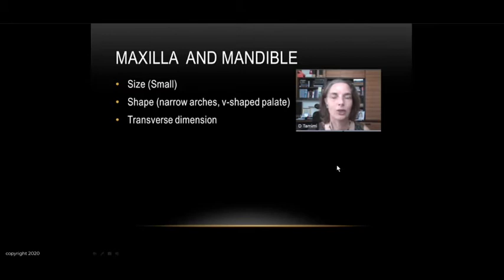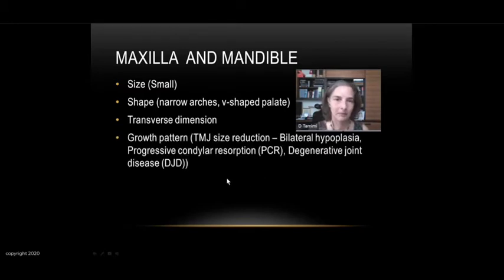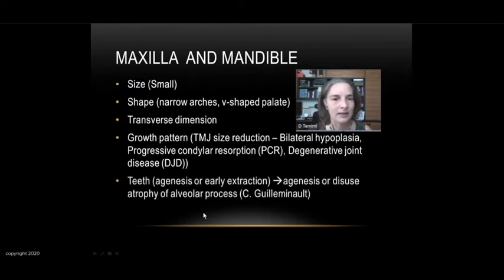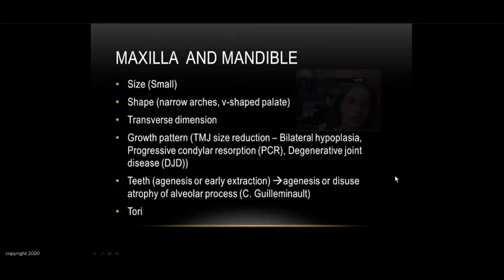You want to look at the transverse dimension of the maxilla and the mandible, the growth pattern, what's happening in the growth of the maxilla and the mandible. And some of it is due to TMJ issues, and I will talk about that in just a second. Teeth agenesis or early extraction can cause disuse atrophy of the alveolar processes, decreasing the amount of space available for the tongue and the oral cavity, and the presence of tori that just crowd everything out.